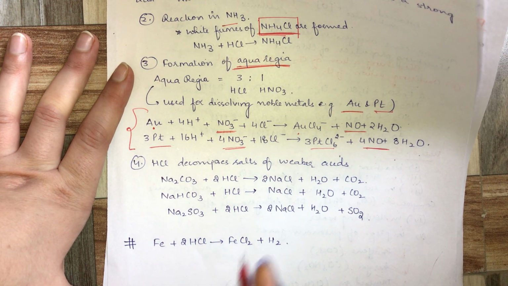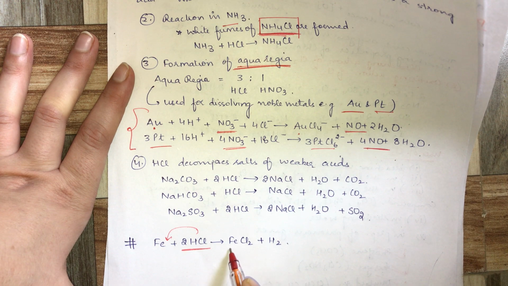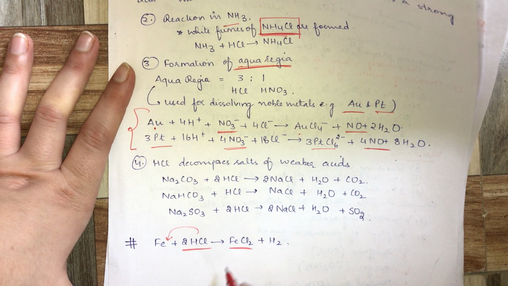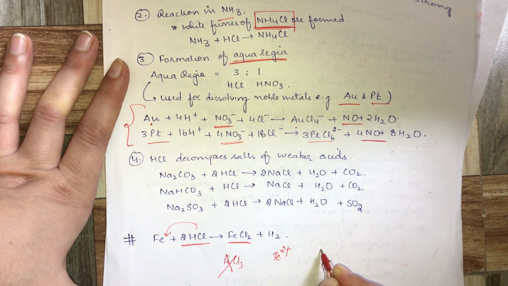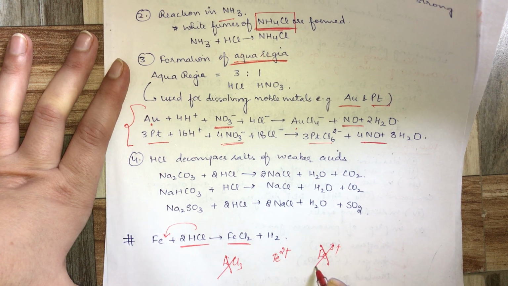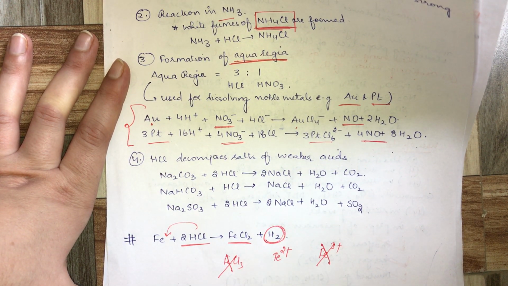Now another important thing to note. A question is, when HCl is passed through iron, it only forms ferrous chloride and not ferric chloride, meaning Fe2+ is formed and not Fe3+. Why? This is because H2 gas is released.